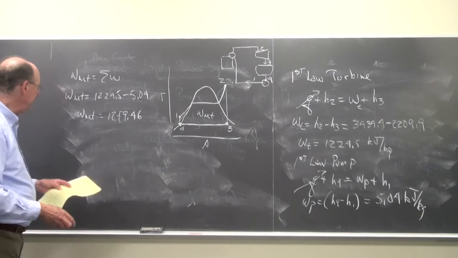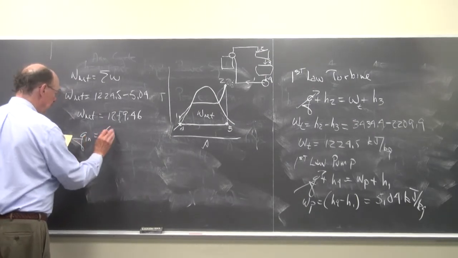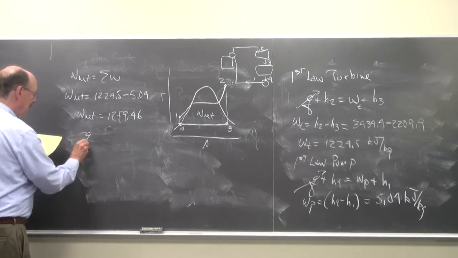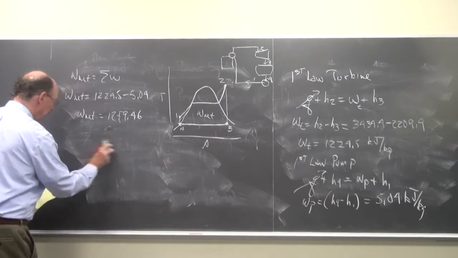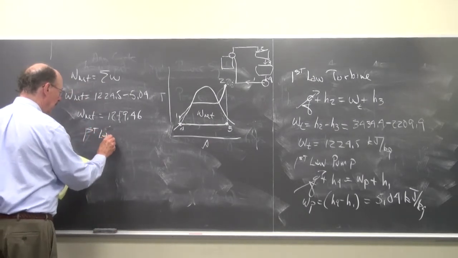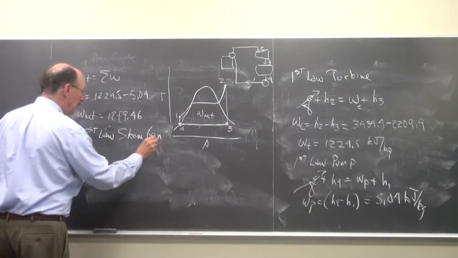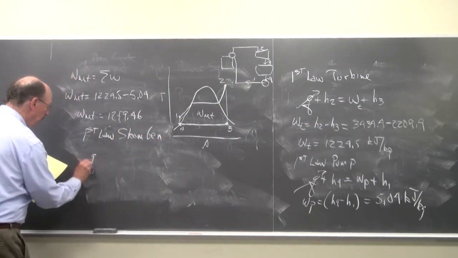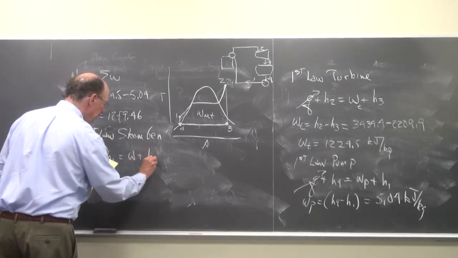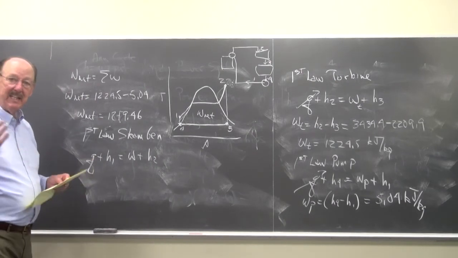And then let's find the heat in. So Q in is equal to, I'll do this the long way, so let's do the first law on the steam generator. So I have Q plus H1 is equal to W plus H2. There's no work done in the steam generator, all there is is heat going on.